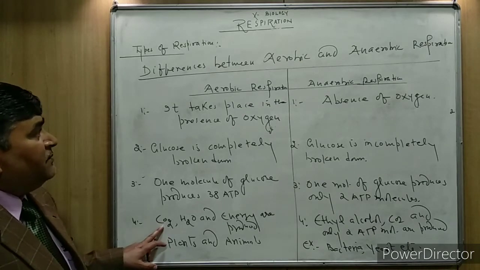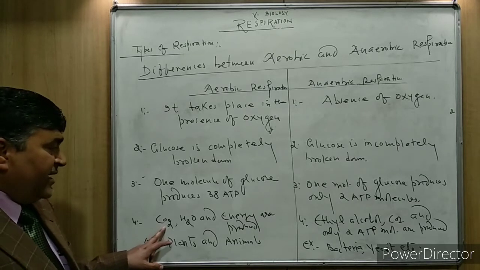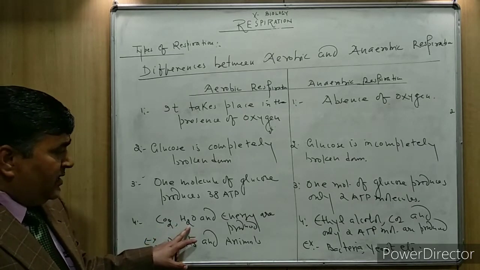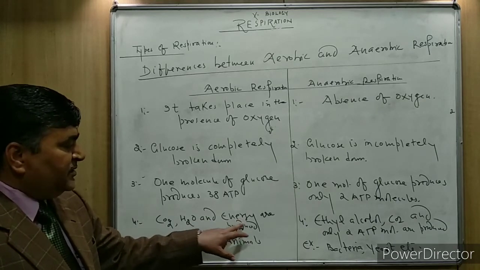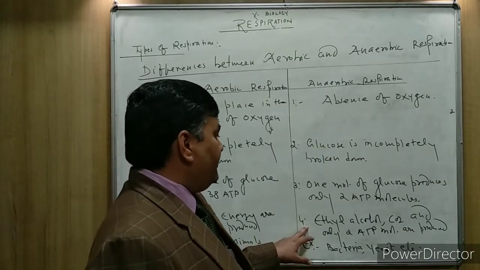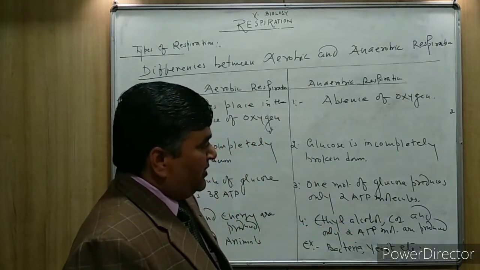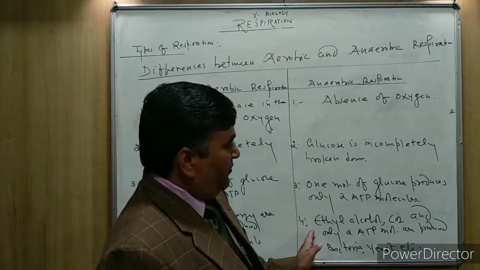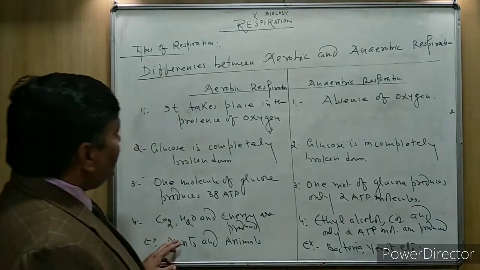When glucose is completely broken down, the glucose gives rise to carbon dioxide, water, and I told you 38 ATP, means energy produced, and when oxygen is absent, the glucose gives rise to ethyl alcohol, carbon dioxide, and one molecule of glucose gives rise to 2 ATP molecules.